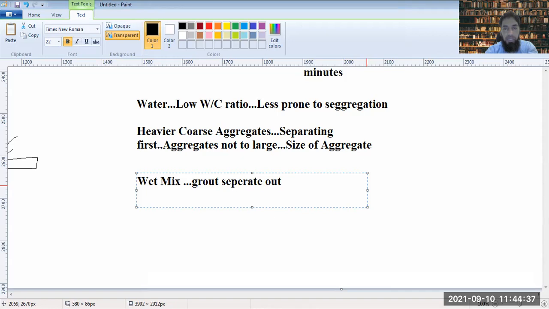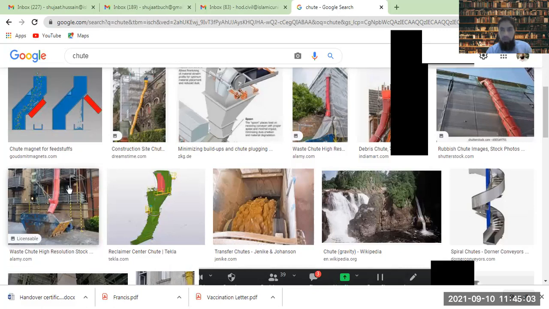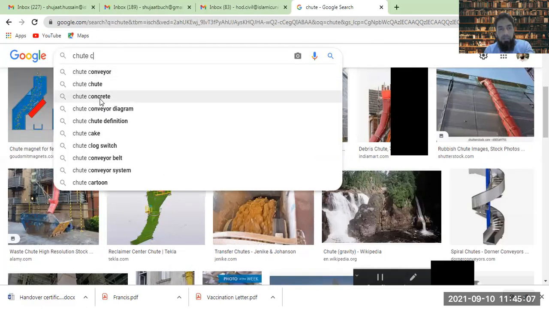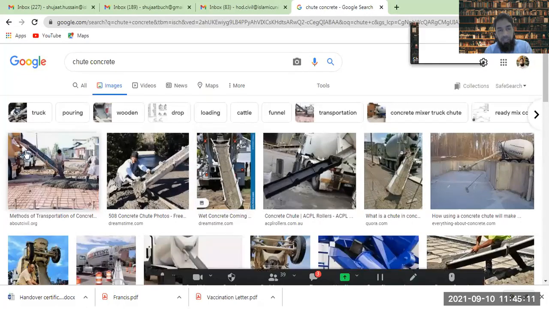Now, apart from these, there could be segregation due to the chute. The chute I showed you last. These are the chutes that you may use even for the concrete. This is the chute that you are using for concrete. Because this is dropping from a height, although you are restricting an angle here, यहाँ पर 30-degree angle है, he has used a 45-degree angle.